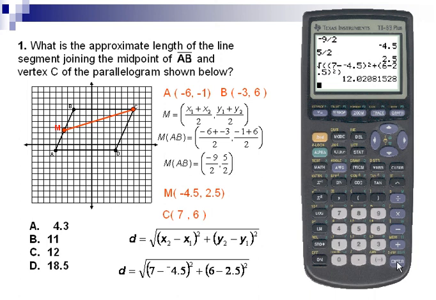Press enter. You see the answer that you get on your calculator. Now let's look at our answer choices, and you can see that the approximate length is 12. So the answer is C.